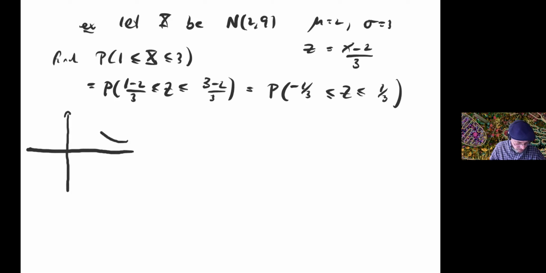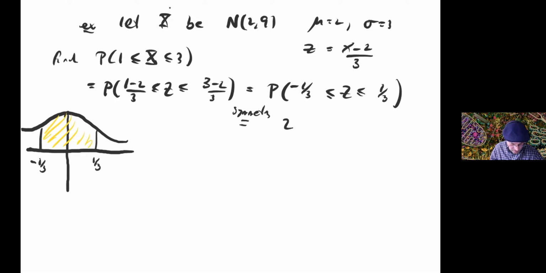Okay, so now this is the standard normal random variable. What we're looking for is the area of the normal curve that's sandwiched in between 1/3 and minus 1/3. We're interested in this shaded region. In this case, by symmetry, this is twice the area of the probability for 0 less than or equal to Z is less than or equal to 1/3, because it's completely symmetrical about the vertical axis.